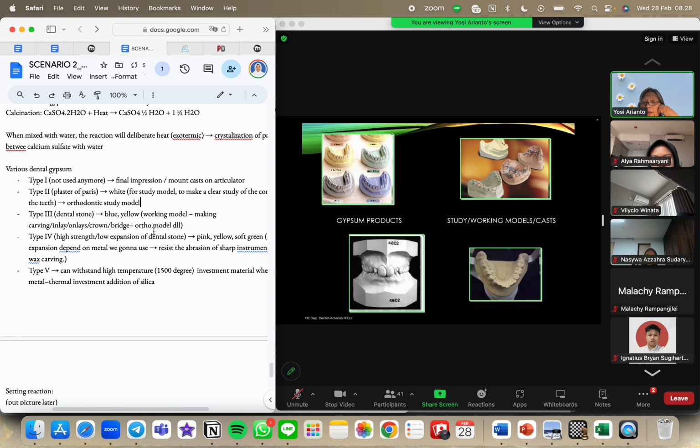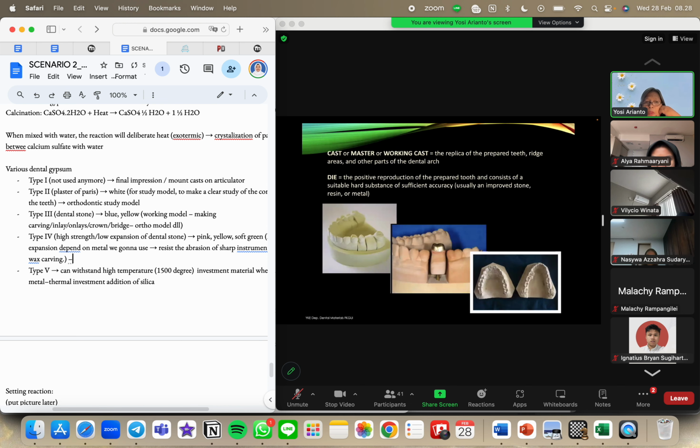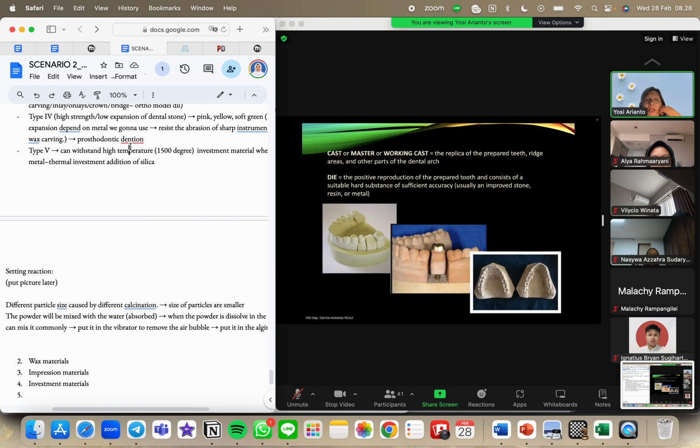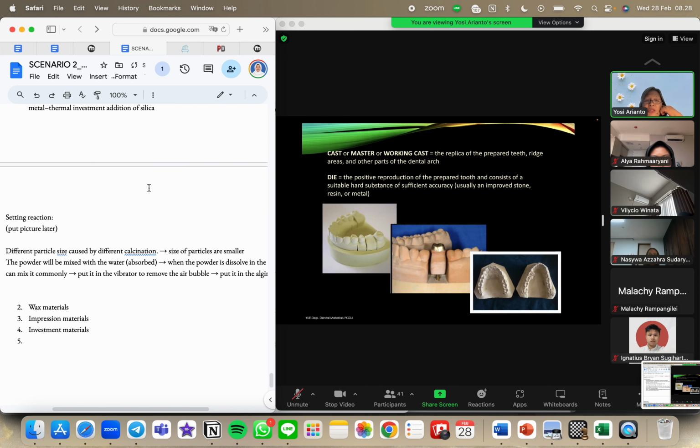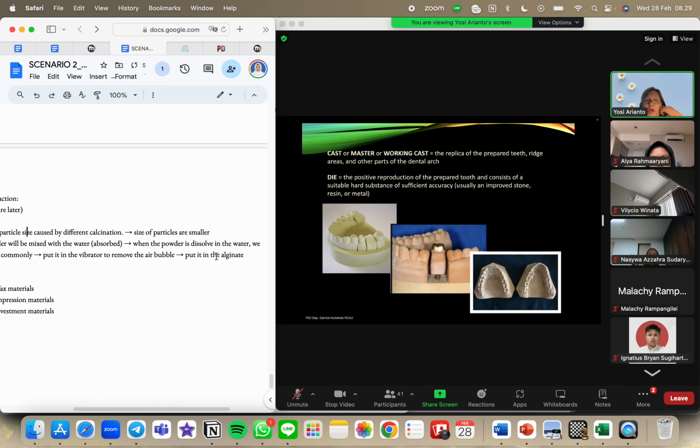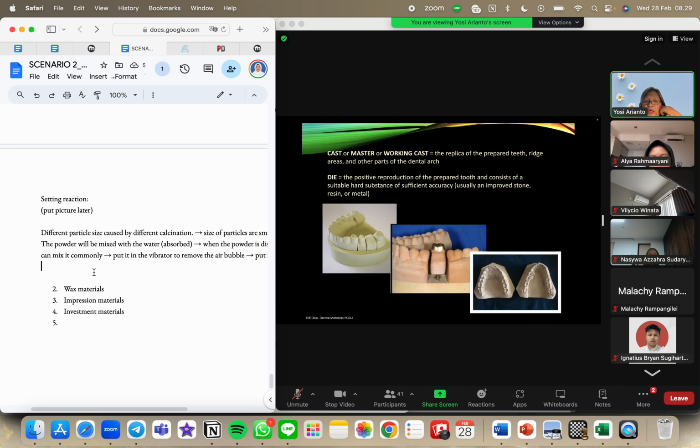And it is used to make the prosthodontic denture. This one is also from dental stone. The cast or master or working cast is the replica of the prepared teeth, ridge areas, and other parts of the dental arch. The die is the positive reproduction of the prepared tooth and consists of a suitable hard substance of sufficient accuracy, usually an improved stone, resin, or metal.